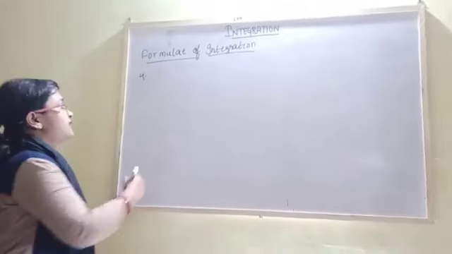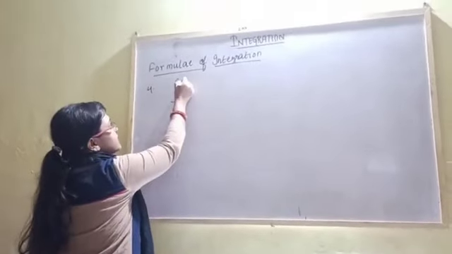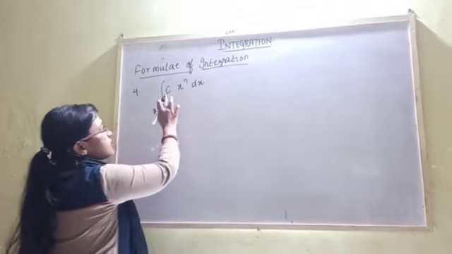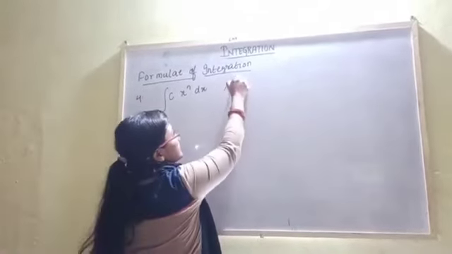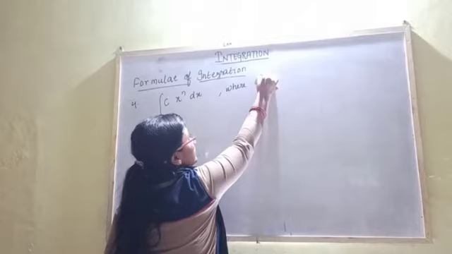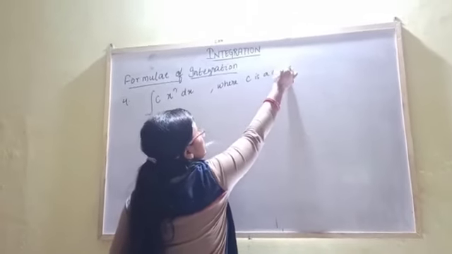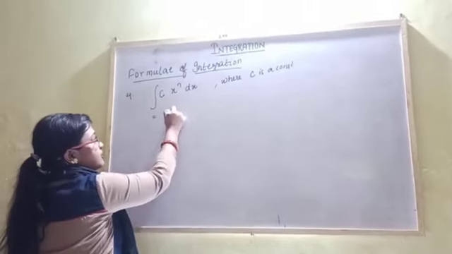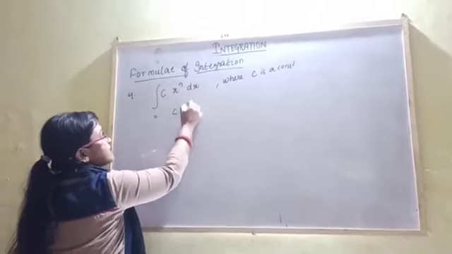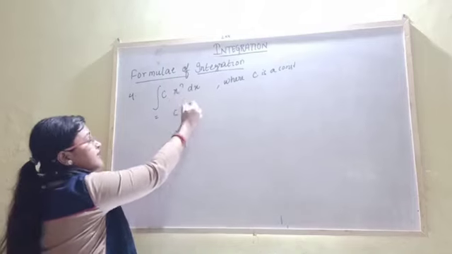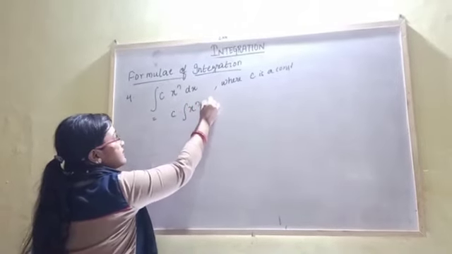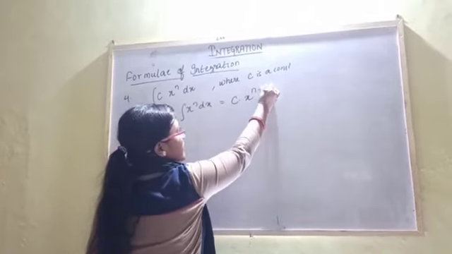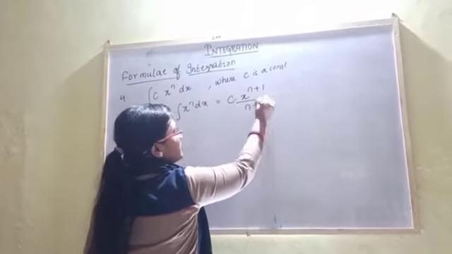The fourth formula is integration of c x to the power n dx, where c is a constant. If c is a constant, just take it out, and the remaining is integration of x to the power n dx, which equals c times x to the power n plus 1 by n plus 1.